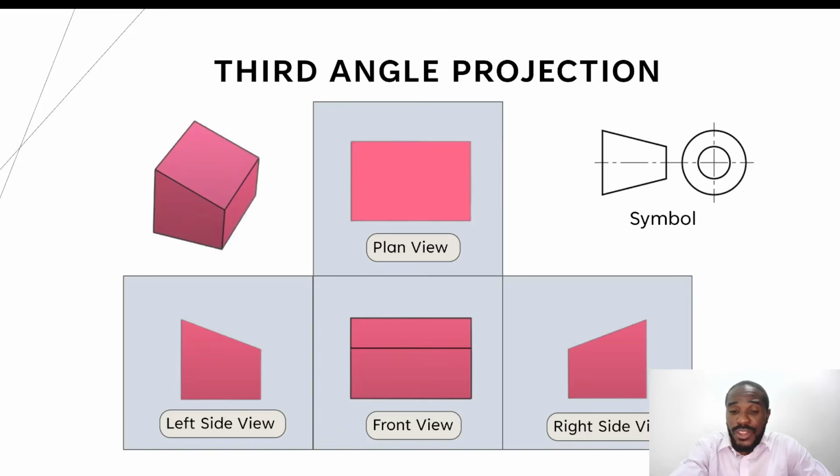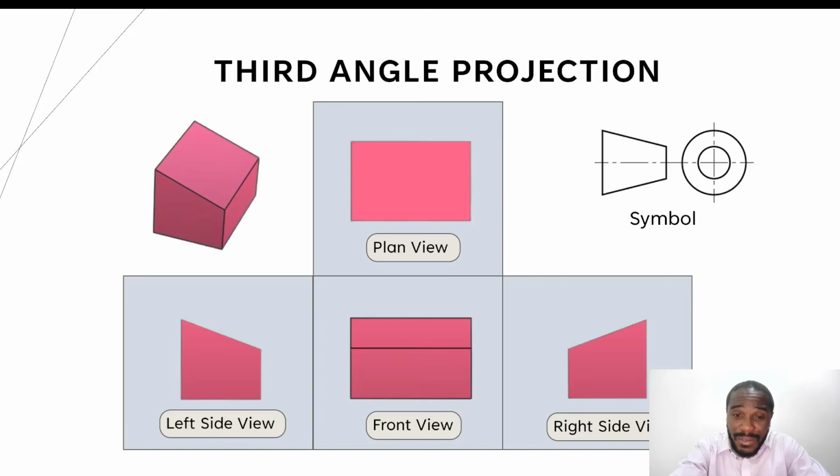Now, with the third angle projection, the profile you see of the right side of your object will be drawn on the right side of the orthographic projection drawing. Okay, and then the left side of the object, and that's because whatever you are seeing is projected to a plane between you and the object. So when that opens up, what's on the left stays on the left, what's on the right stays on the right.